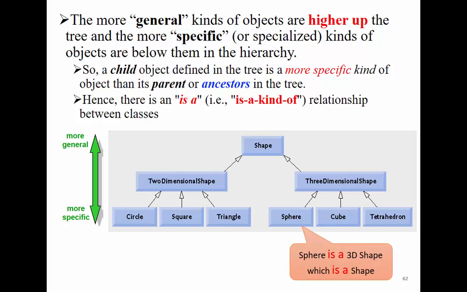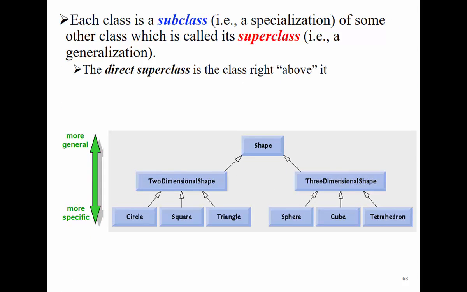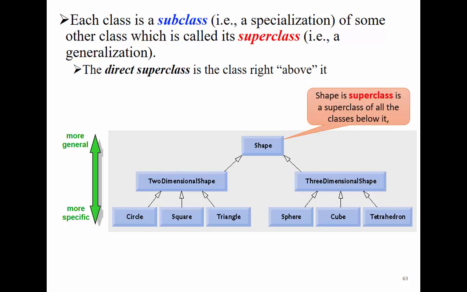So we say that a sphere is a 3D shape, which is actually a shape. So you can see here, a sphere is a 3D shape, which is a shape. A subclass is more specific, and the parent or the superclass is directly above it. So shape is a superclass on the top.